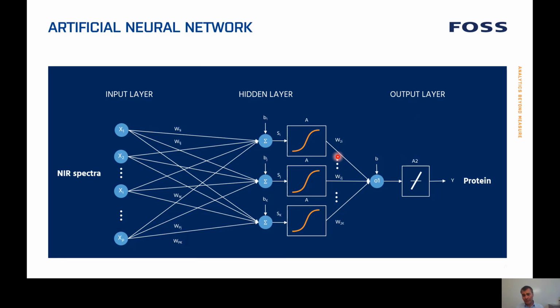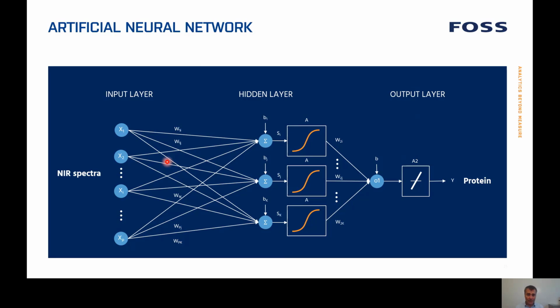And then the output from these 3 hidden neurons, they are summed up and sent through a linear transfer function at the end, with the hope that we get a good estimate of the protein concentration. So we submit NIR spectra over here into the system, and then we get protein out to the right.